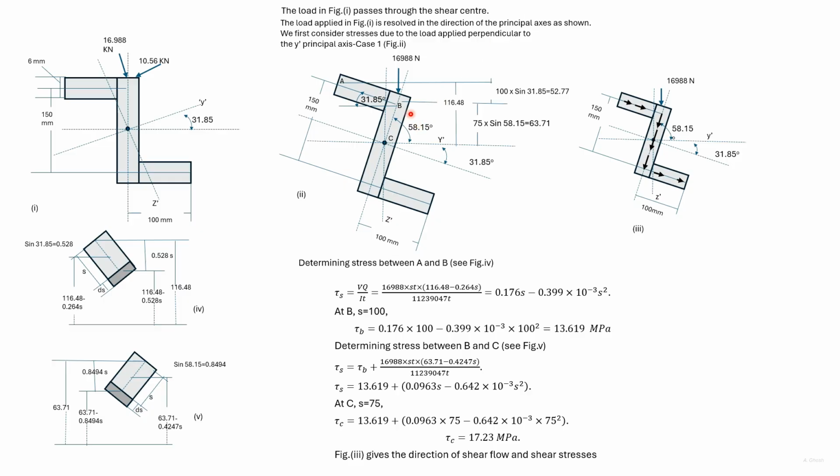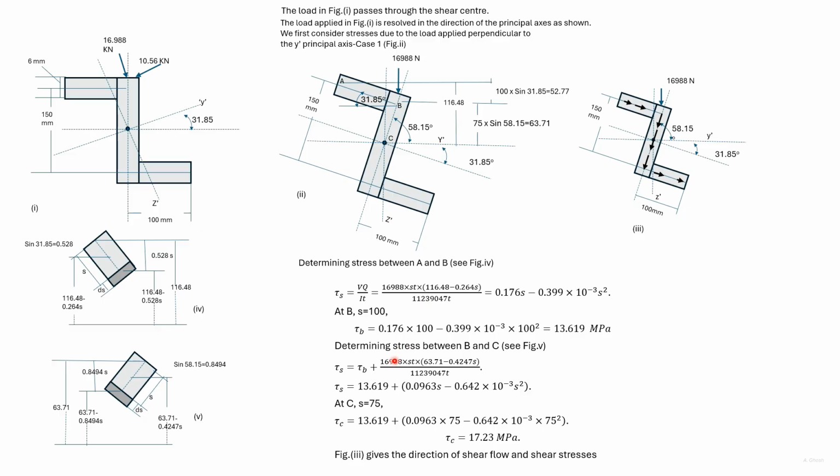So the shear stress between B and C would be tau B plus the shear stress considering the Q of this portion. Q of this portion is S into P into this distance.